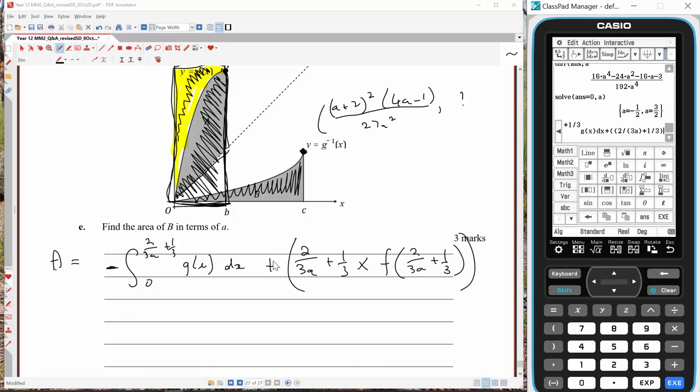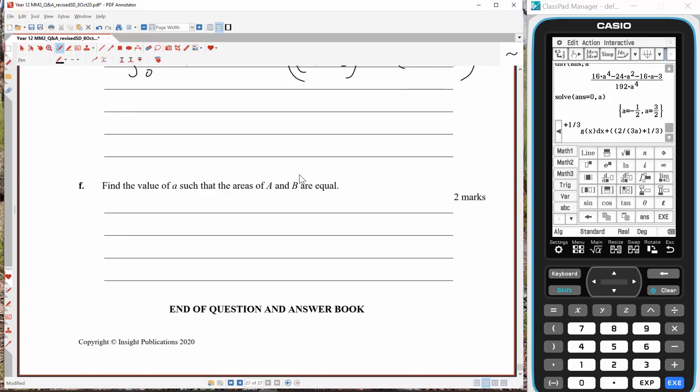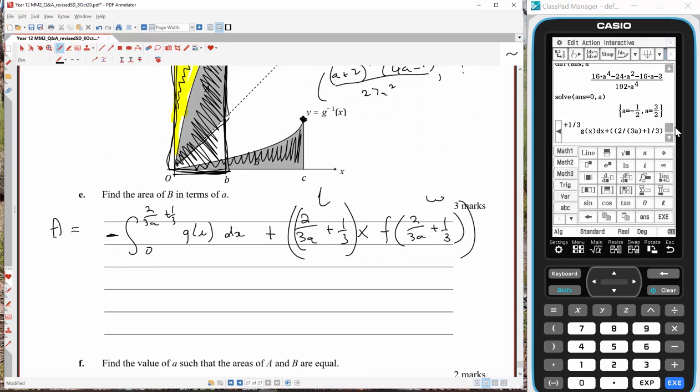Again I'm going to bracket this just in case the order of operations changes. This is the length times the width for the rectangle, multiplied by brackets f of that.